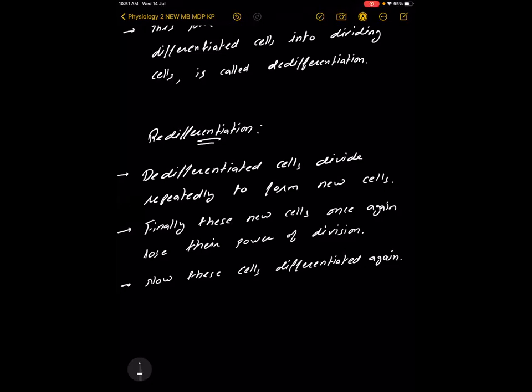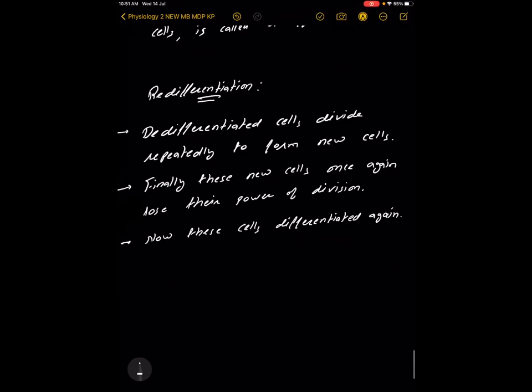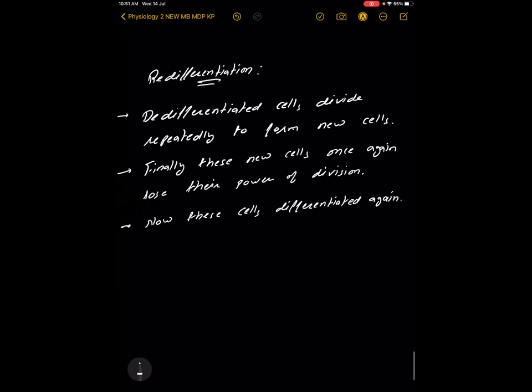This process is called redifferentiation. So dedifferentiation, redifferentiation.